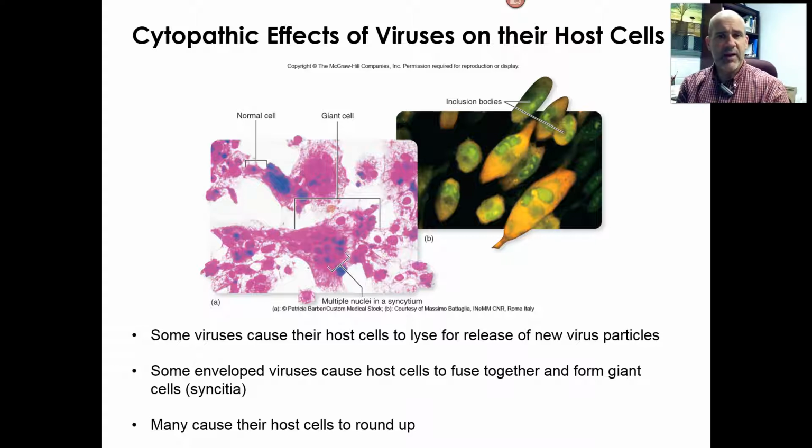Now, some viruses actually aren't all that horrible to their host cells. For example, hepatitis B virus infects cells in the liver, and it's fairly friendly to its host cells. The cytopathic effects are not all that severe. But as you guys know, hepatitis B virus is a very serious illness.